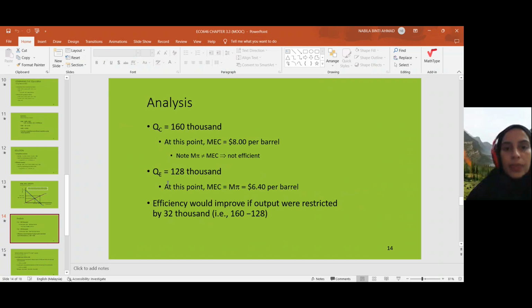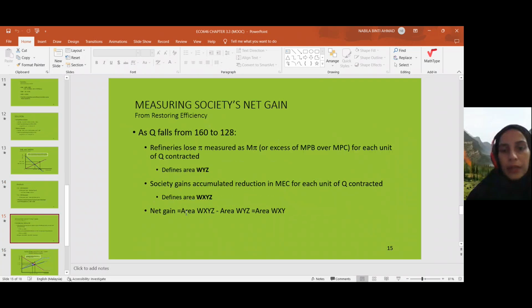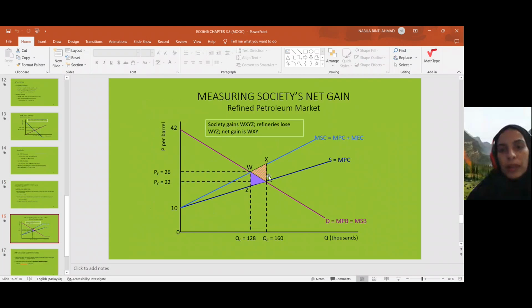And this is the net gain area, WXY. So when we compare, society will gain WXYZ, the refinery will lose WYZ, and WXY is the net gain.